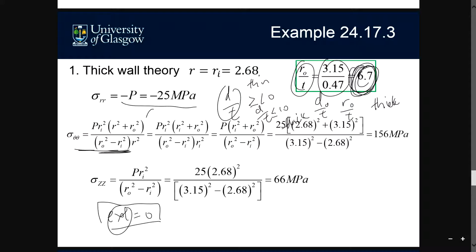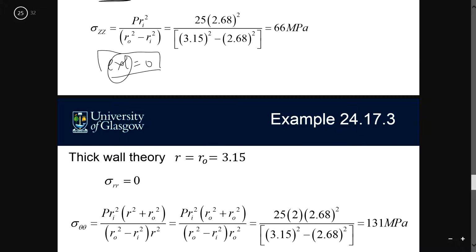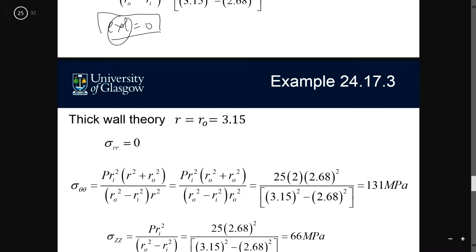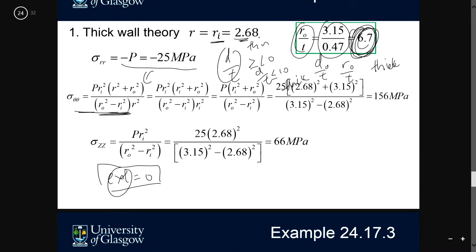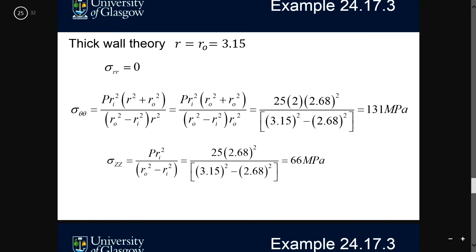Same thing, you just sub in whatever you have. You sub in your internal radius, and you'll get your own numbers. This is for thick wall when you sub in the interior radius. Now you sub in the thick wall for the outer radius, and you'll get all these numbers.